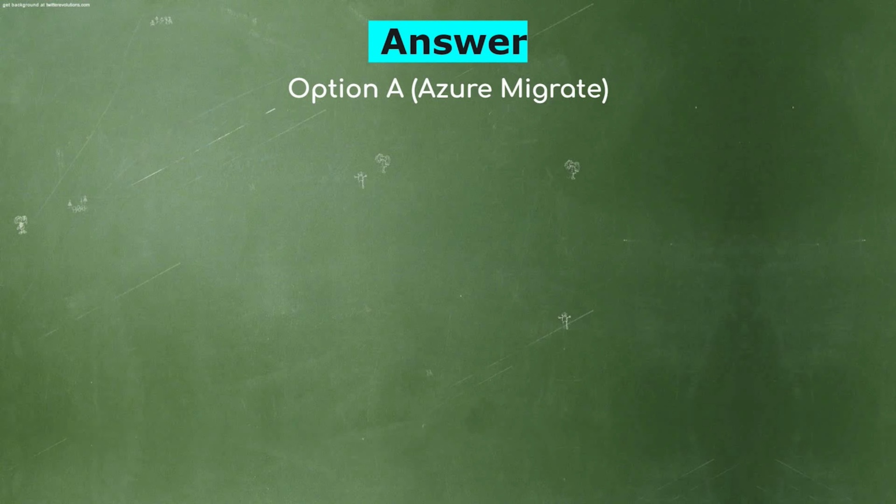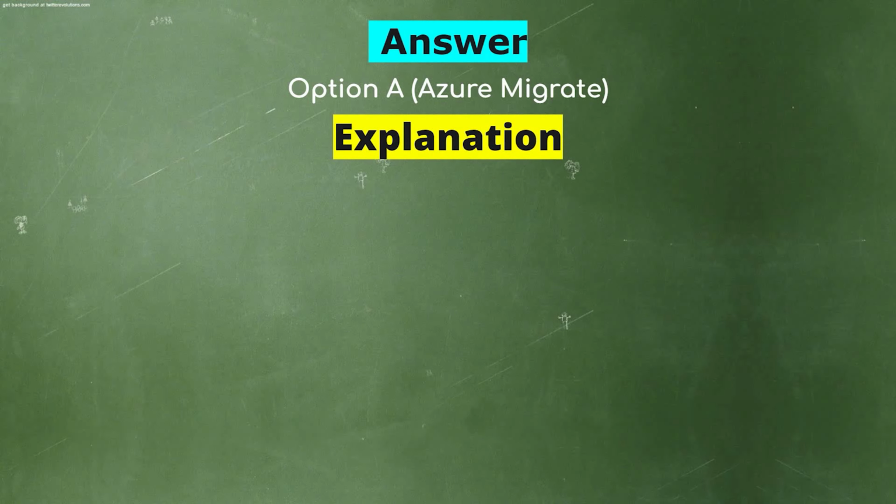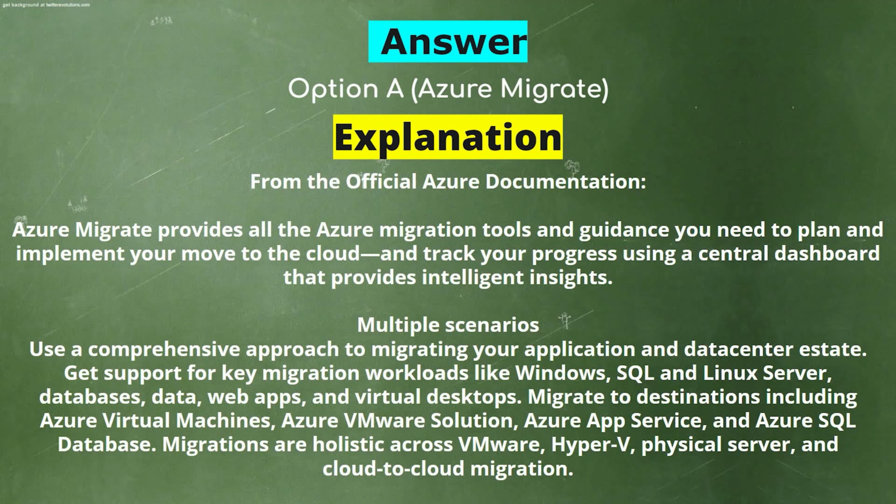Azure Migrate. Explanation. Azure Migrate provides all the Azure migration tools and guidance you need to plan and implement your move to the cloud and track your progress using a central dashboard that provides intelligent insights. Multiple scenarios use a comprehensive approach to migrating your application and data center estate.